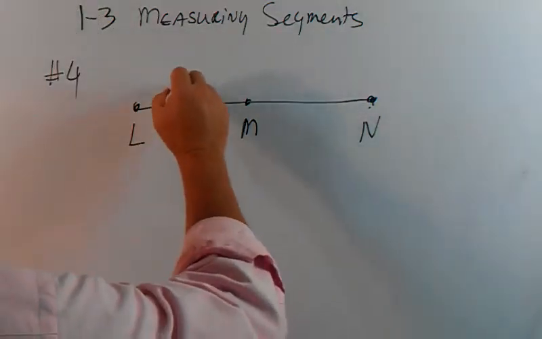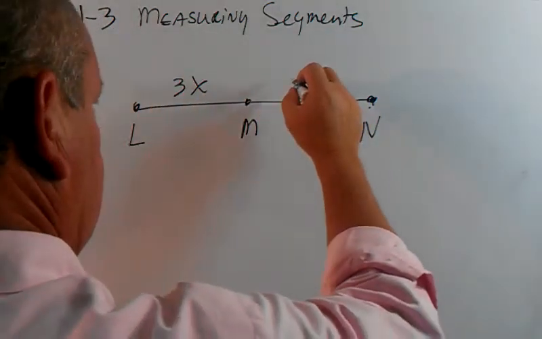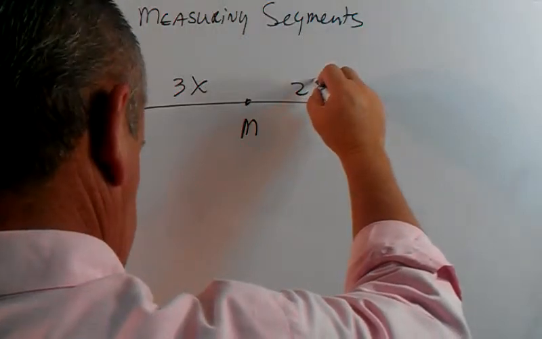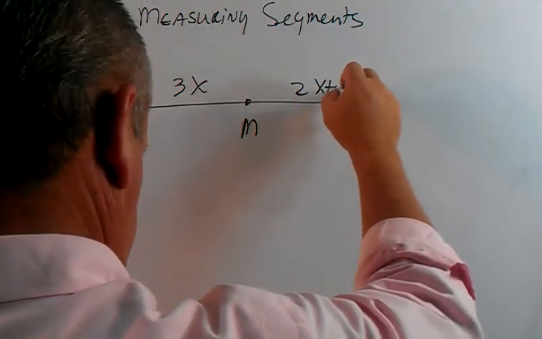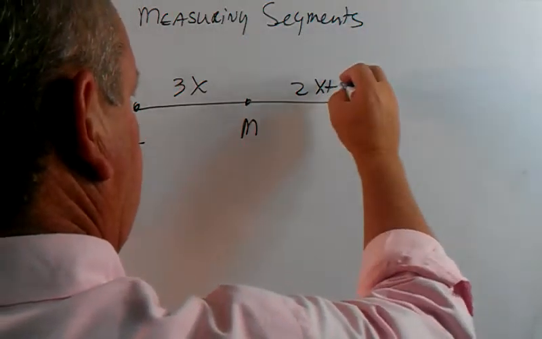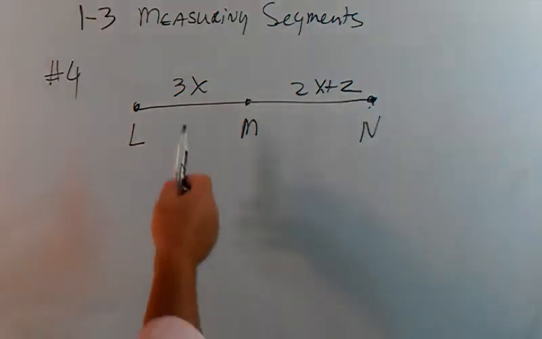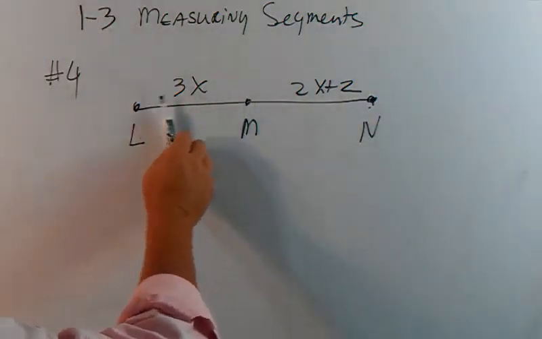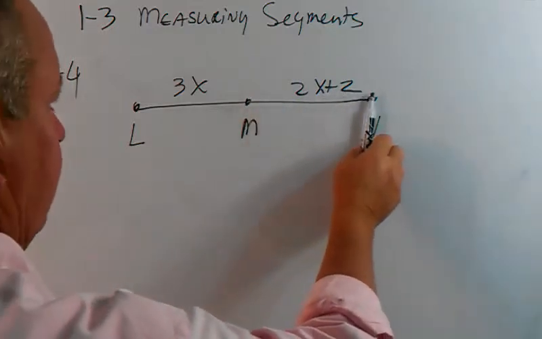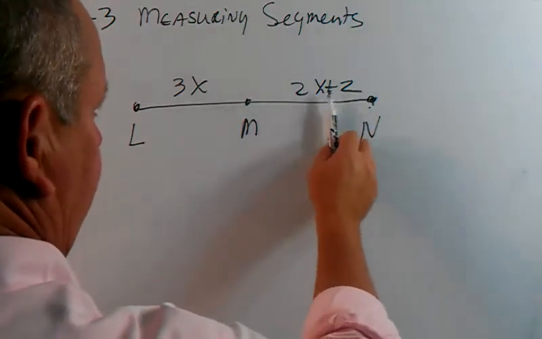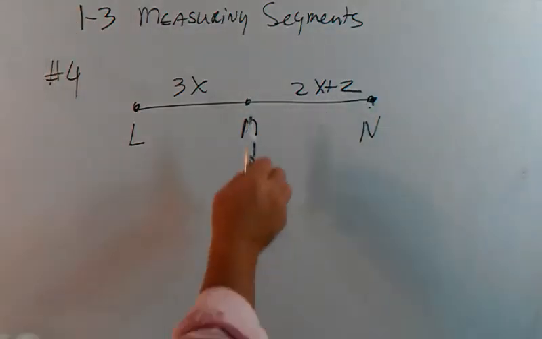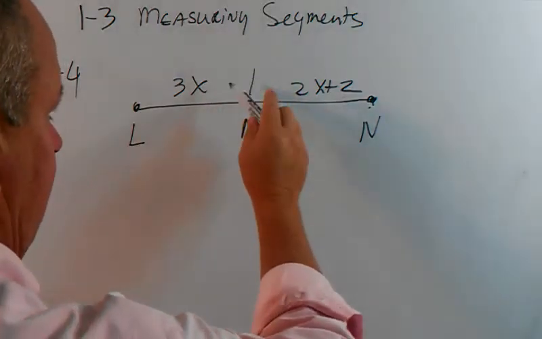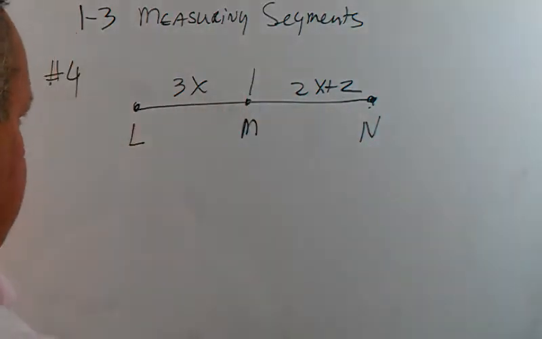So we've got 3x, and this line segment is 2x plus 1. I'm sorry, 2x plus 2. All right. So what does that mean? Well, it means that this line segment right here, 3x, is equal to 2x plus 2. These line segments, since they're the midpoint, are equal distance to the outside, right?